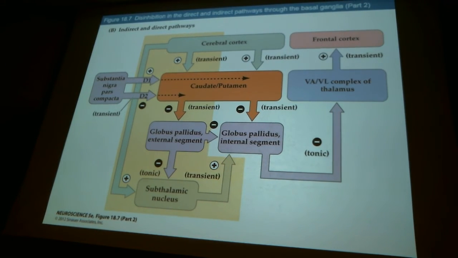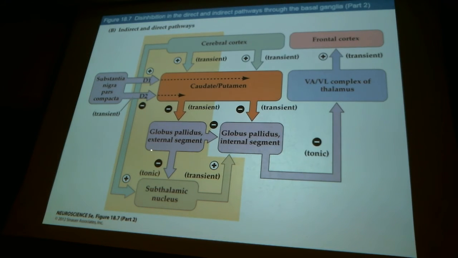All right. So just to add one more layer, the external segment also has an inhibitory effect on the subthalamic nucleus. Remember we said we were going to come back to this. This has an excitatory input to the internal segment.